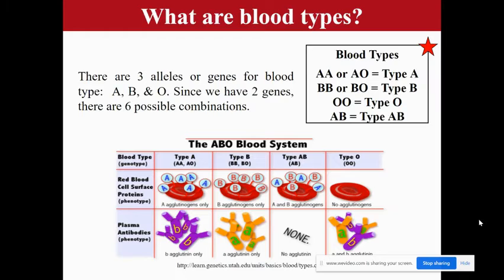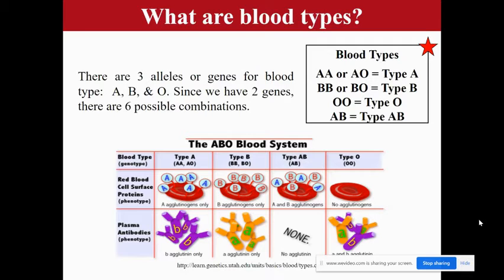As you can see on the picture here, there's the different types of blood, and then you can see those surface proteins. Type A has A proteins, type B has B proteins, and then type AB has both, and then type O doesn't have any of those proteins or any of those agglutinogens. Okay, and then the plasma antibodies you can see at the bottom as well.